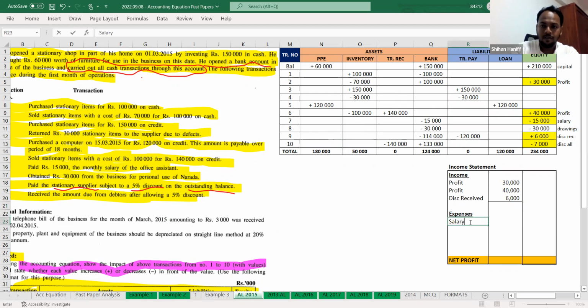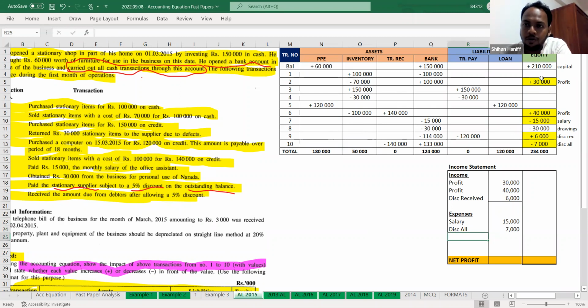Expenses, salary, discount allowed, right?